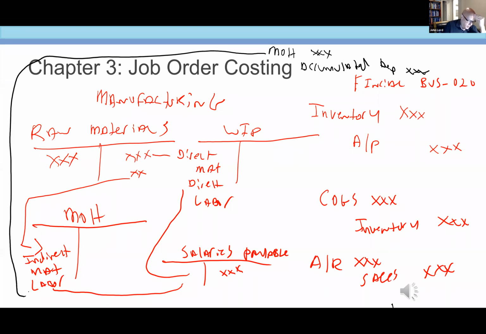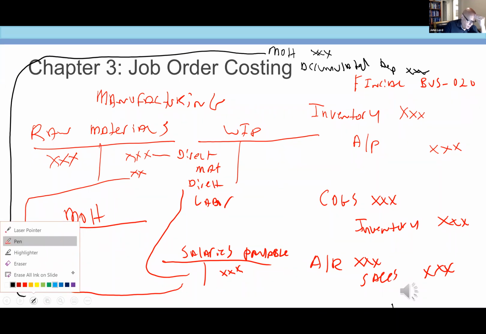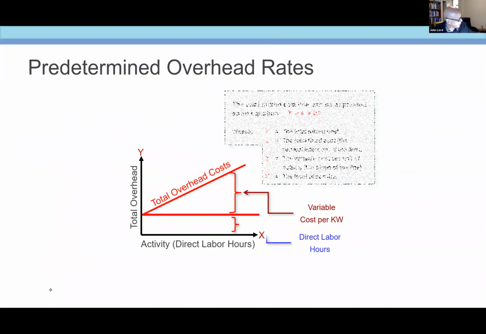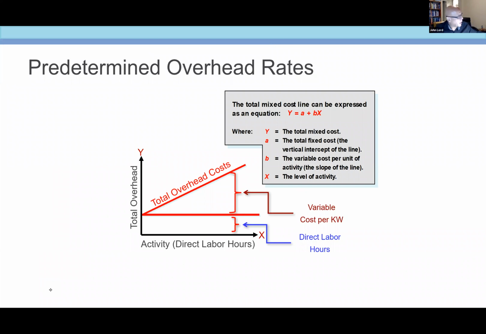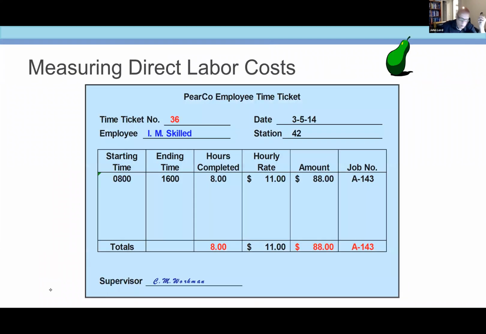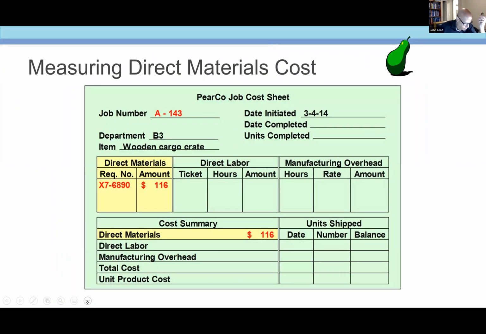It's still considered indirect because I can't trace the depreciation on my entire factory building easily to one particular job.